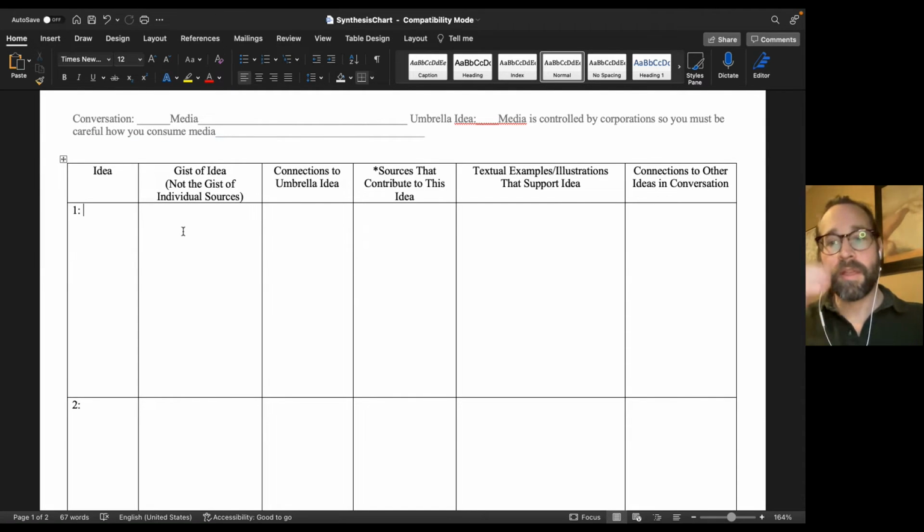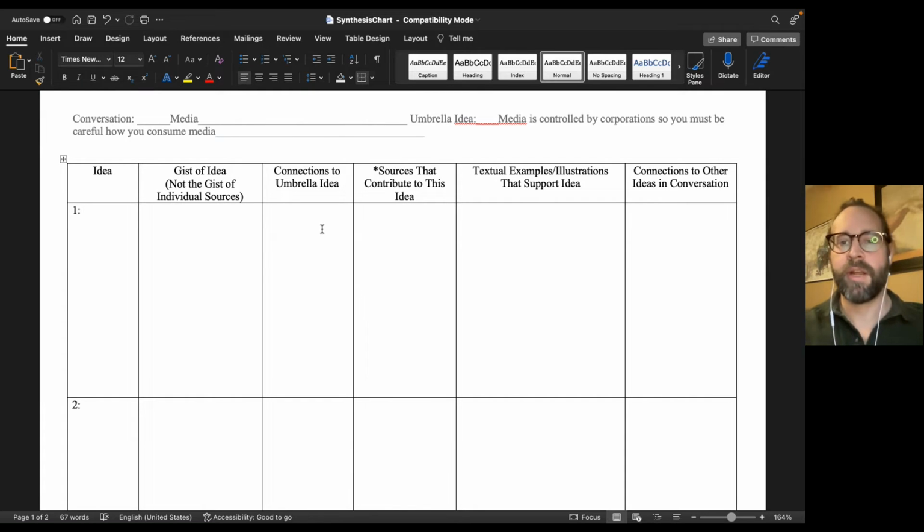One important thing that is going to help you with this assignment, and you really need to be careful about, here is what not to do. When you're writing your essay, you don't want to organize your paragraphs by source.